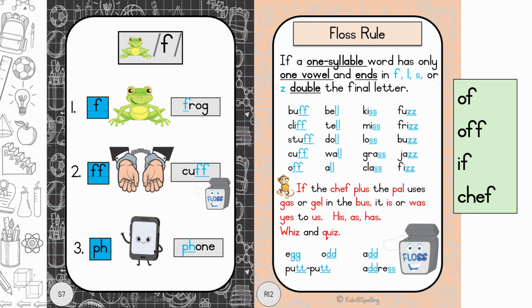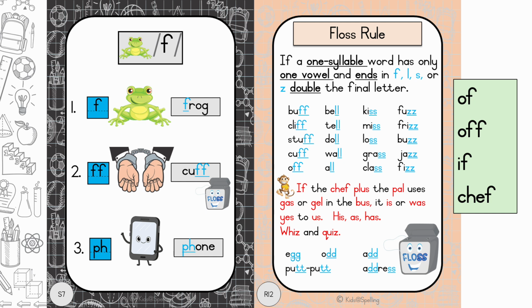You will see there's a green block on the right. There's of, if, chef. These words are the naughty monkeys. The first of, the if, and the chef.